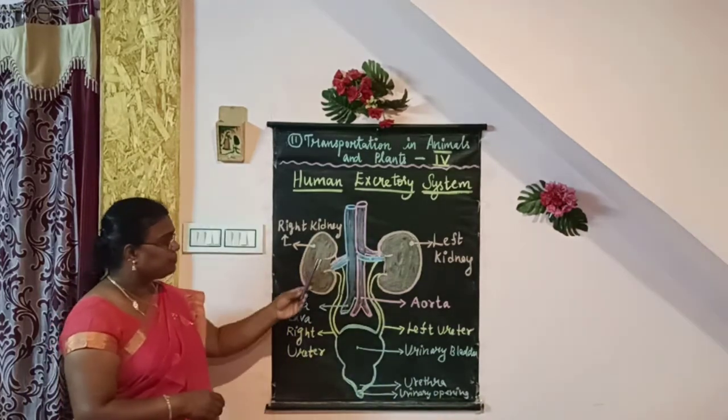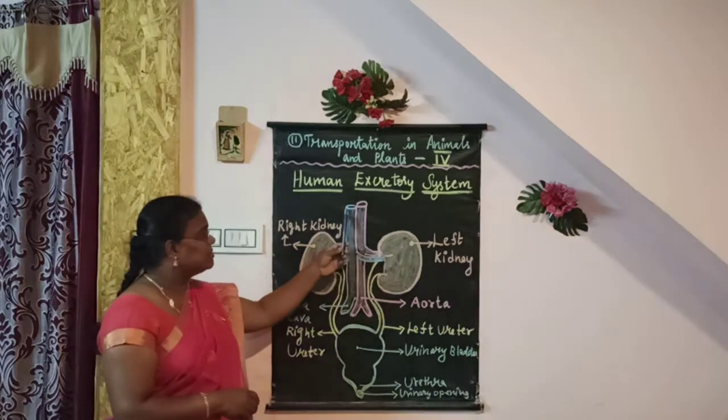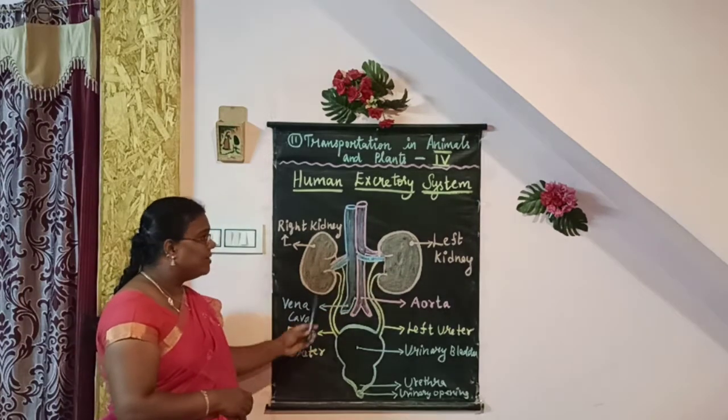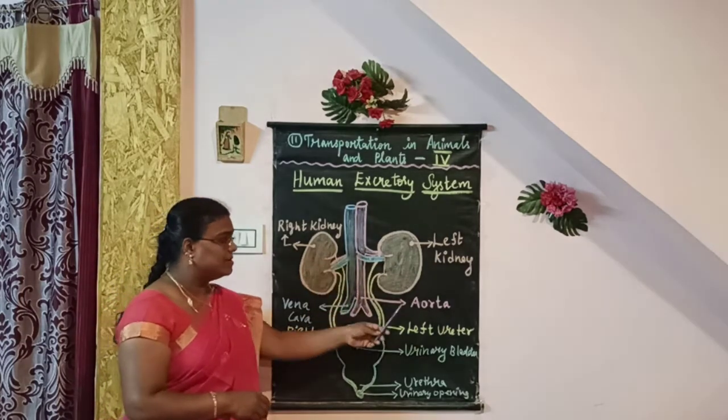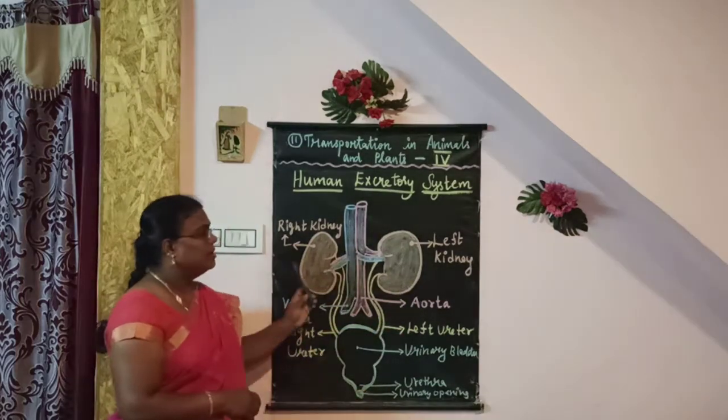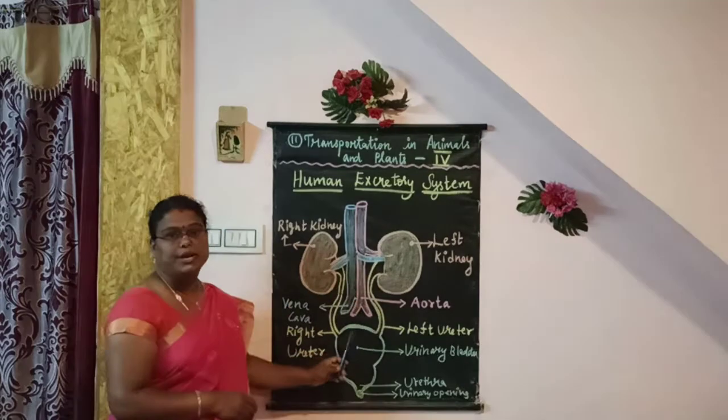And coming to the blood vessels, see this blue color blood vessel is called the vena cava, and the red color blood vessel is called the aorta. So this is the structure of the human excretory system.